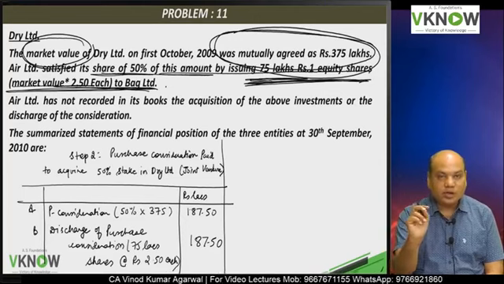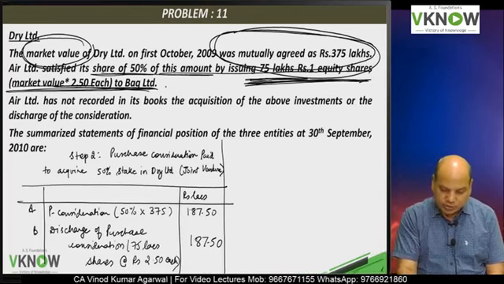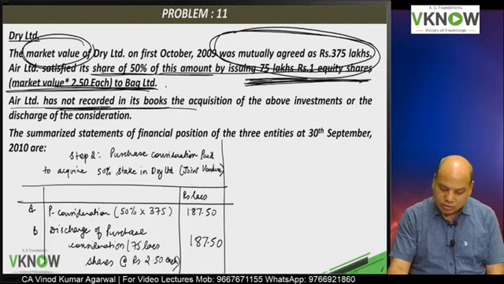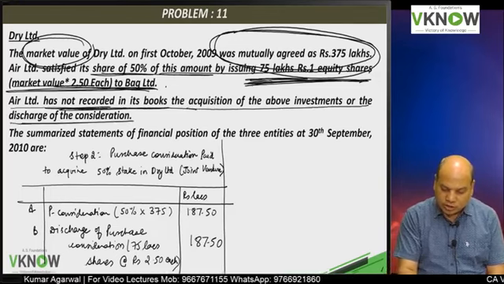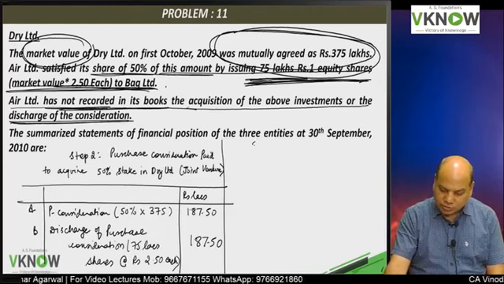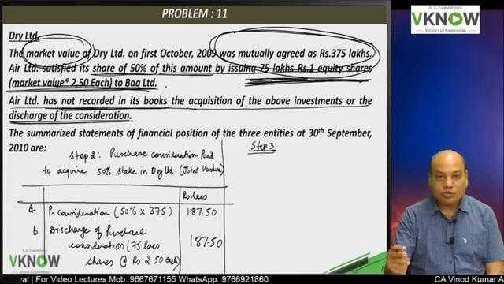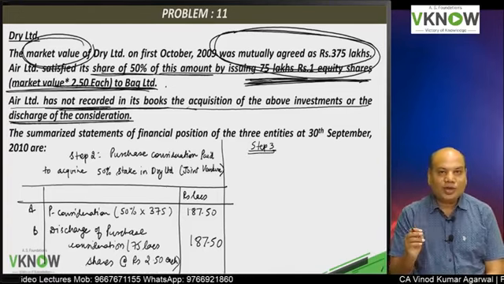So I hope you have written down step number 1 and step number 2. Step number 3. Air Limited has not recorded in its books the acquisition of the above investments or the discharge of consideration. So now what does the student have to do? The student has to first record this transaction and then do the consolidation.